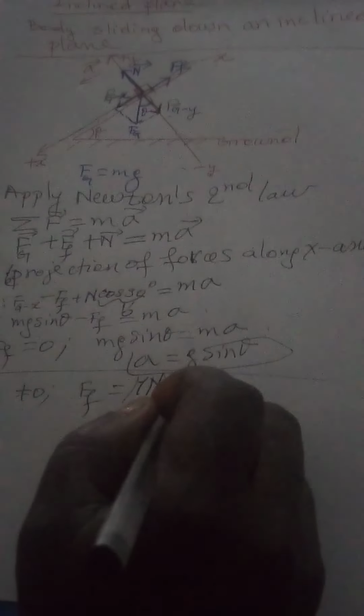Then if the friction force is different from 0, we know the friction force equals the coefficient of friction times the normal force. Then we need to find the normal force. To find the normal force, we find the sum of forces along the y-axis. Fg will be projected along the y-axis.